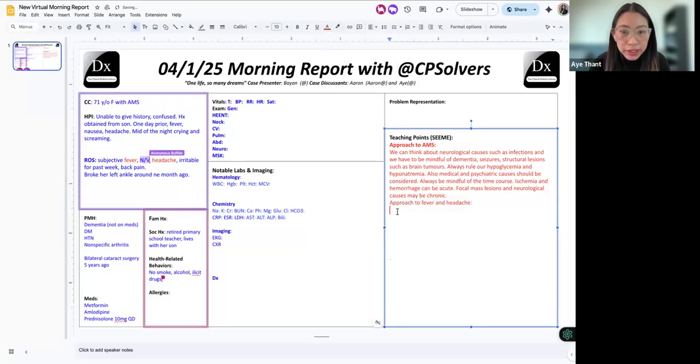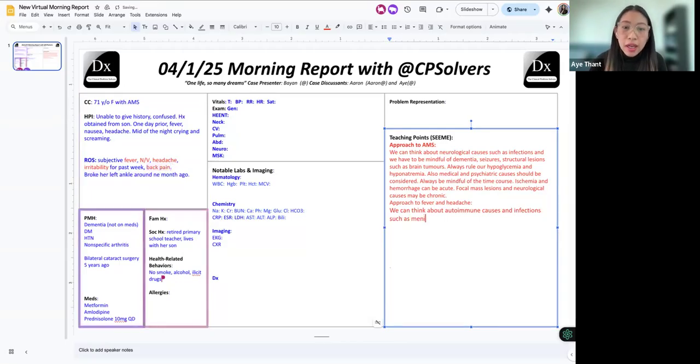I will also think of autoimmune encephalitis or things like that when somebody presents with altered mental status, or with some irritation or some psychiatric symptoms as well.